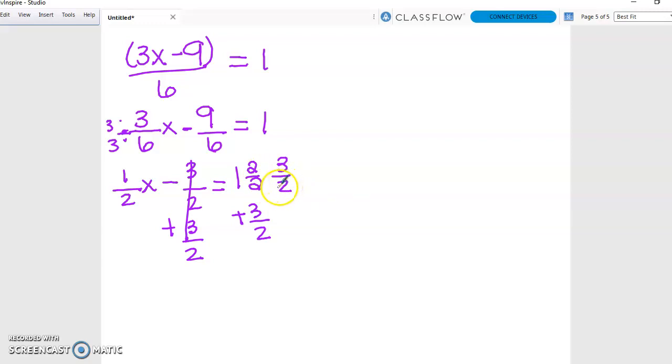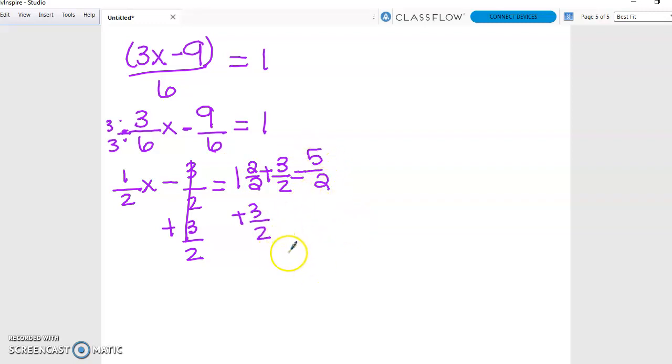We all know how to change a whole number to a fraction so that we can find the same denominator, so I'm not going to explain that part. So now we have 5 over 2. So 1 plus 3 over 2 gave us 5 over 2.